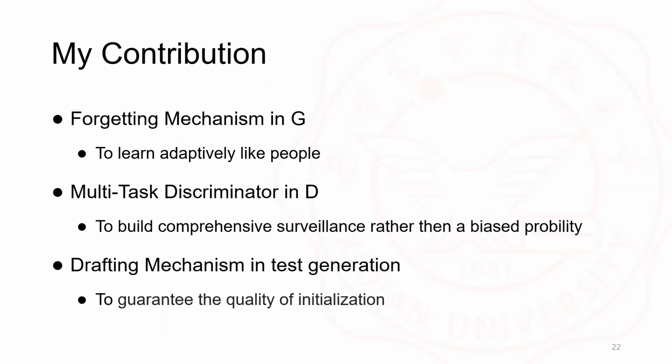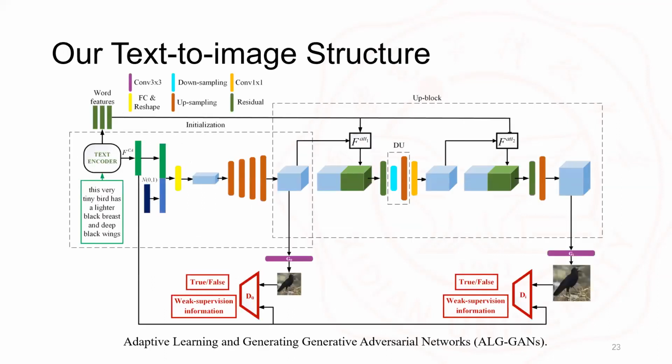To avoid the refinement difficulty caused by bad initialization, we judge the quality of the initialization before further processing. The generator will resample the noise and re-initialize the bad initialization to obtain a better one. All the above contributions have been integrated into a unified framework, which is adaptive learning and generating generative adversarial networks.